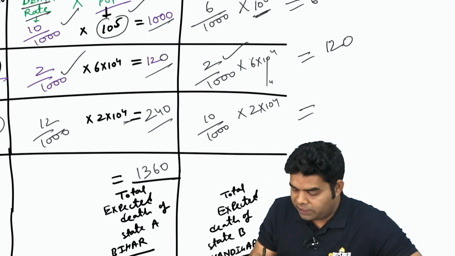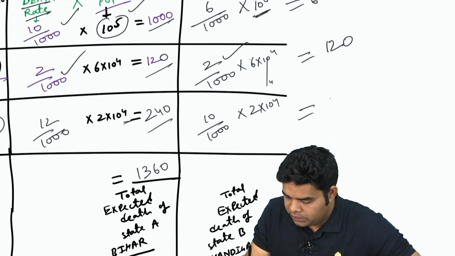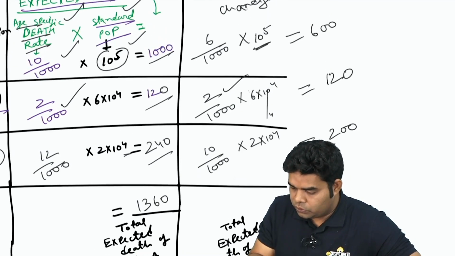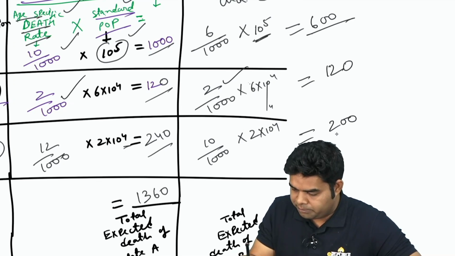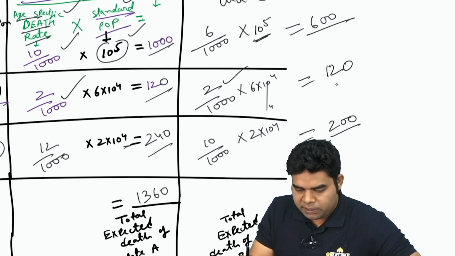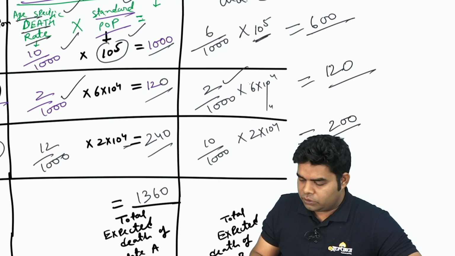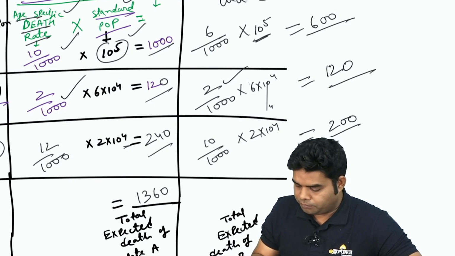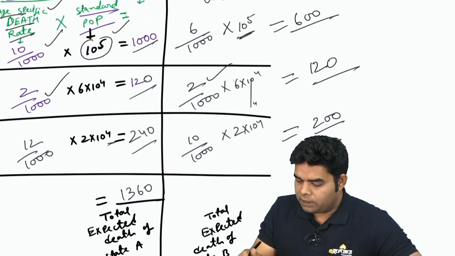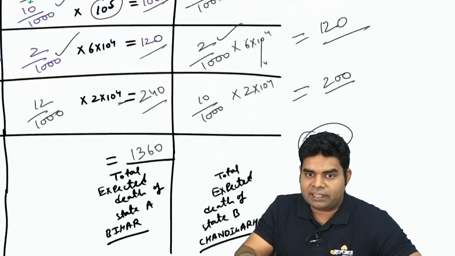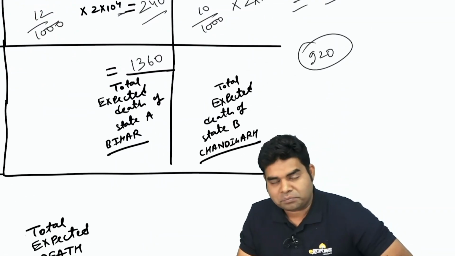And in the last you will get 10 into 2, 20, so 200. So the total will be 600 plus 200, 800 plus 120, so 920. 920 is the expected death in Chandigarh and 1360 is the expected death in Bihar.